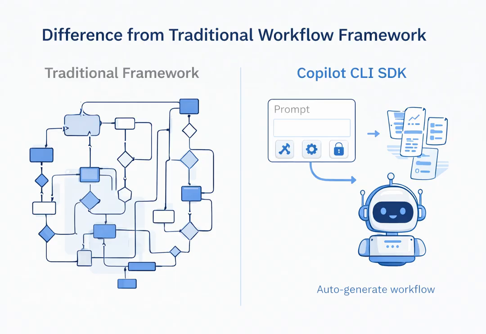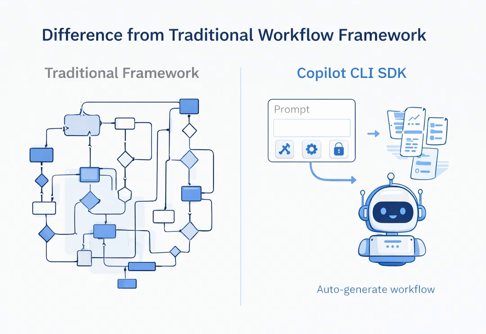So what's the difference between Copilot CLI SDK and traditional workflow frameworks? In the traditional approach, such as using LangGraph or Microsoft Agent Framework, developers need to define each node with code, manually orchestrate connections between nodes, write state management logic, handle conditional branches and loops, and debug complex flowcharts.